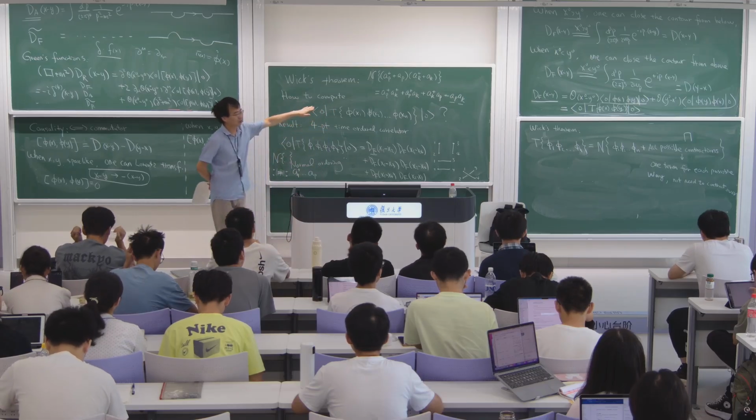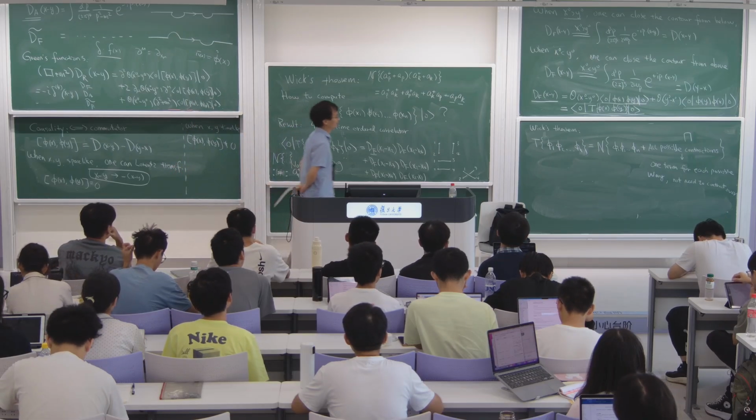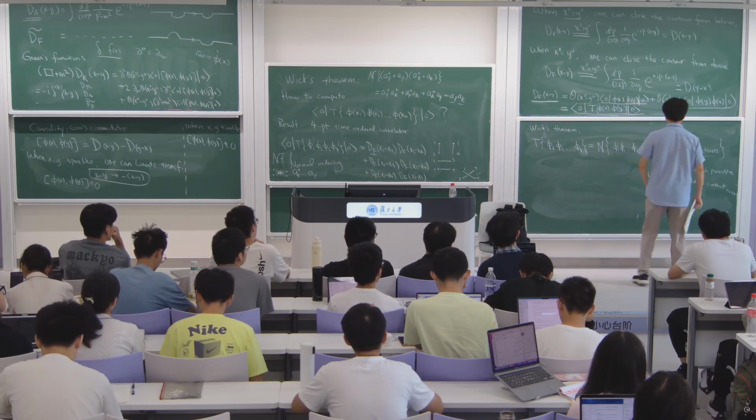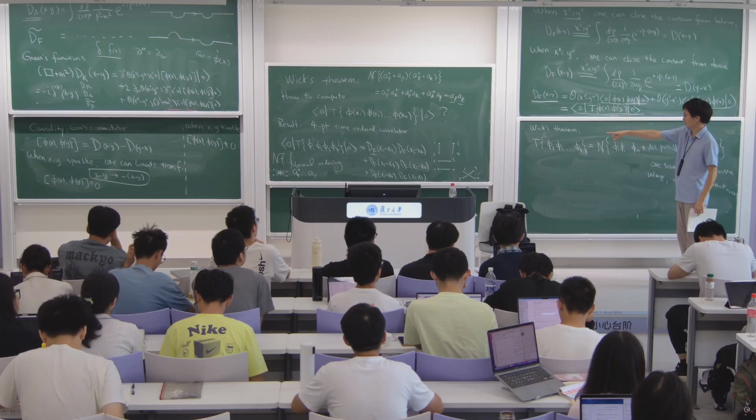So that's normal ordering, right? Normal ordering is also very simple. And now you can try to prove this one. Once you prove this, the result is very immediate.